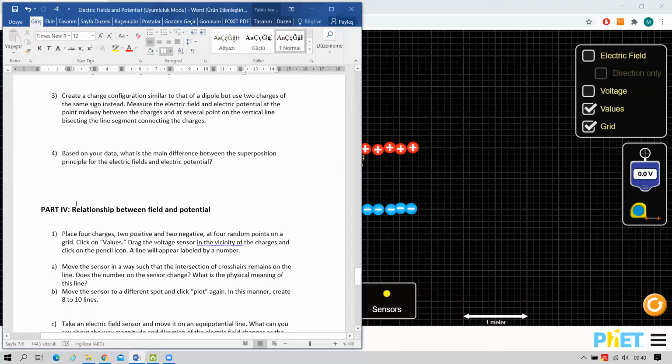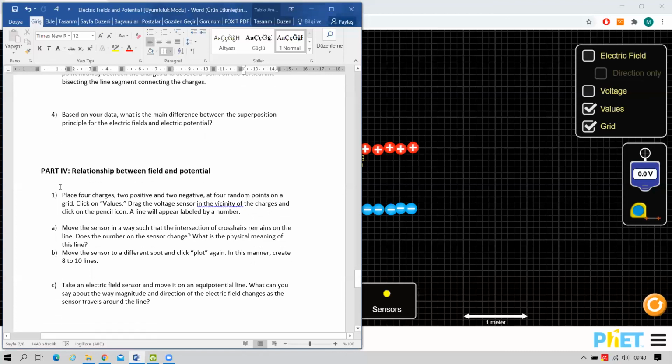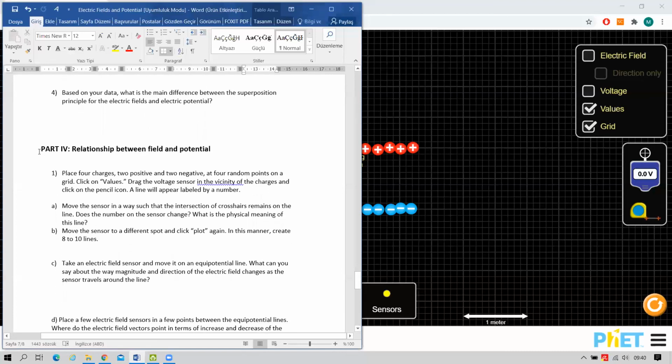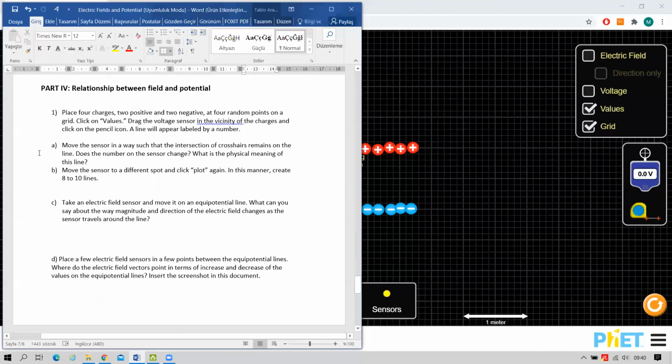And there is also part 4. Part 4 is about both electric fields and potentials, and about equipotential lines. Part 4, start by placing 4 charges, 2 positive and 2 negative, at 4 random points on a grid.